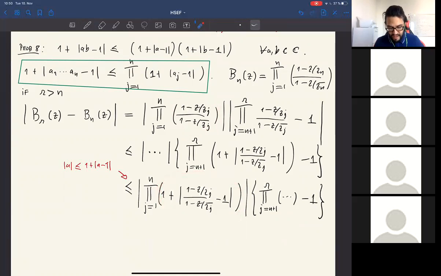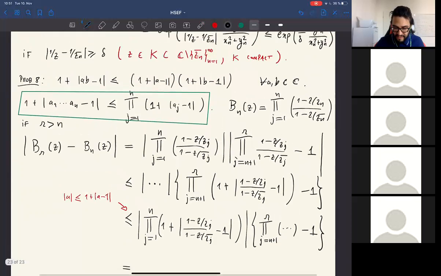Okay, so now I have the same shape, and I can take the product of everything. And then when I take the product of everything, I will have the difference of two products. But if I do that first, then I can't bound the second product, because you have a negative sign in front of it.